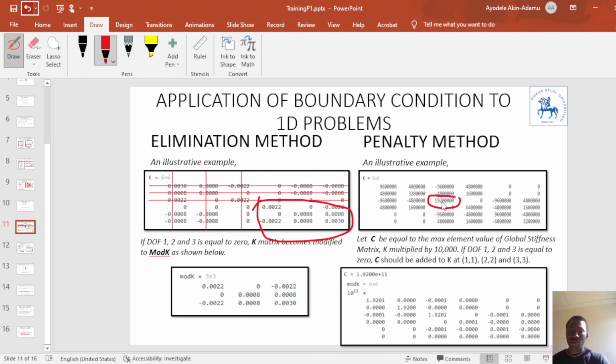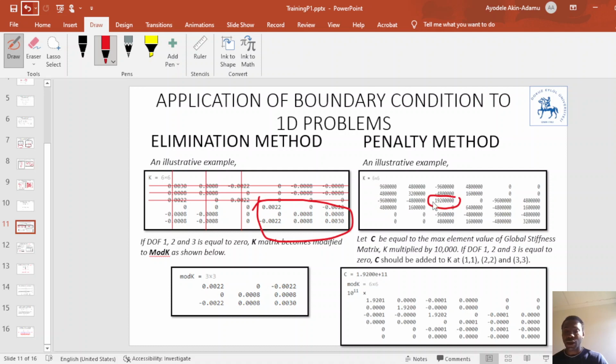This value multiplied by 1000 is the stiffness value which I'm going to add to this K matrix. I define C as the maximum element value multiplied by 1000. So I'm going to add C to the support degree of freedom of the K matrix.